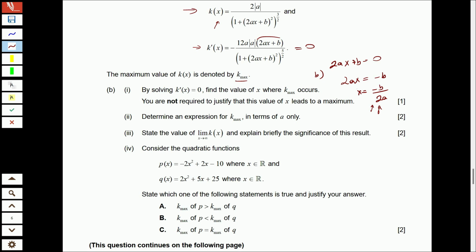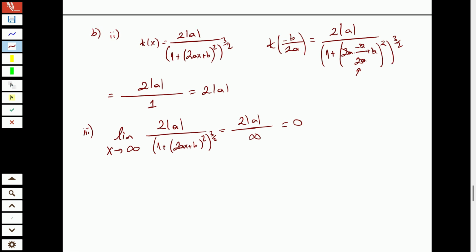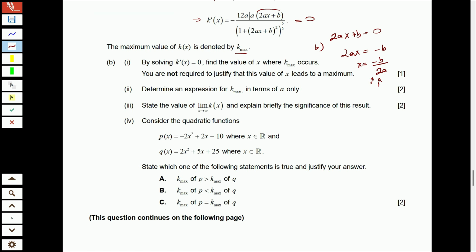significance of this result. First, check the limit as x approaches infinity, and our function is the same, curvature. Since the denominator is increasing to infinity, it looks like a constant number divided by infinity, which will give us 0, right? And what does it mean?